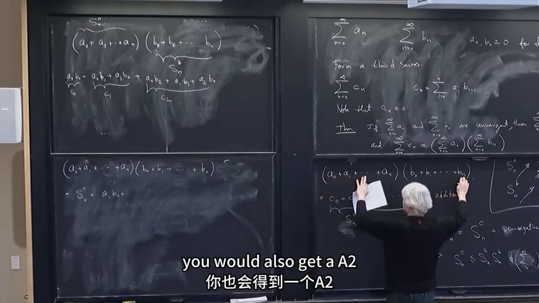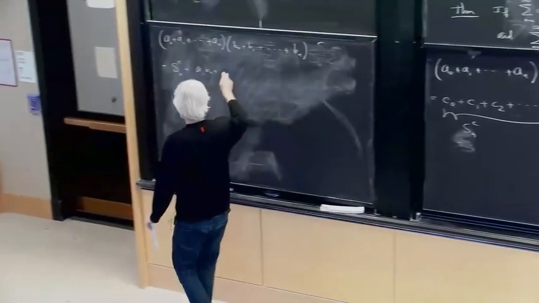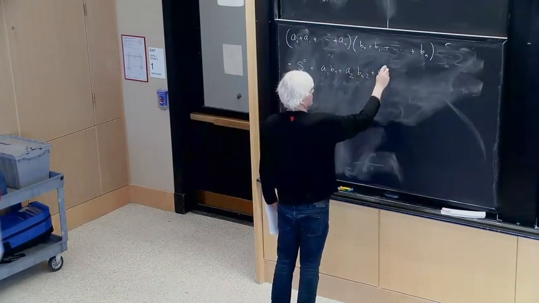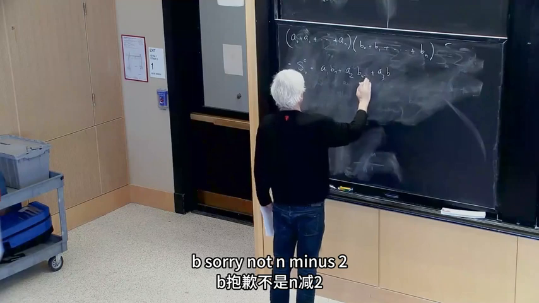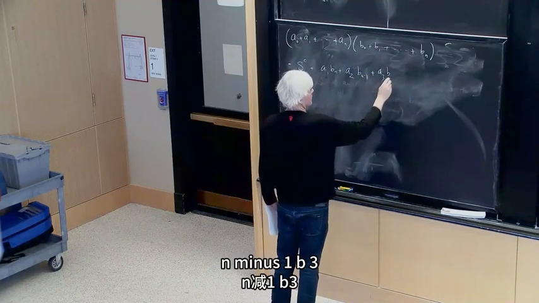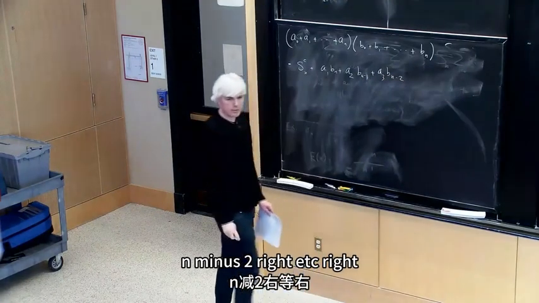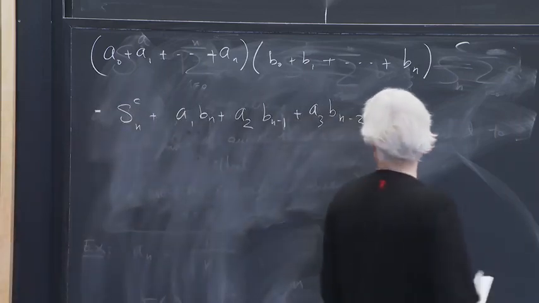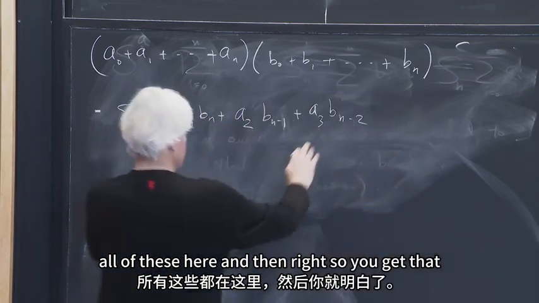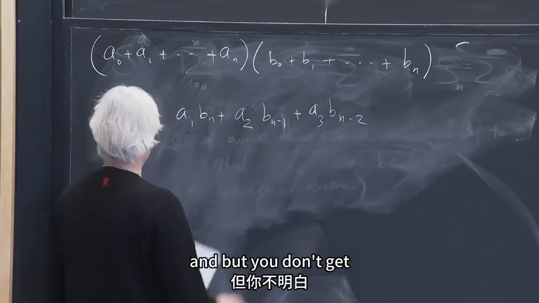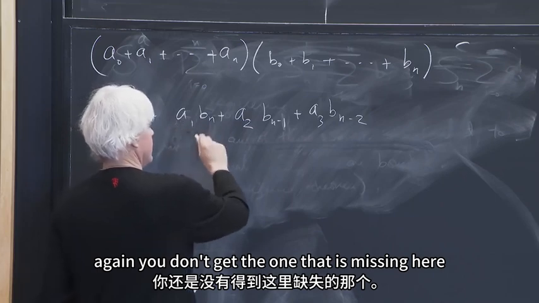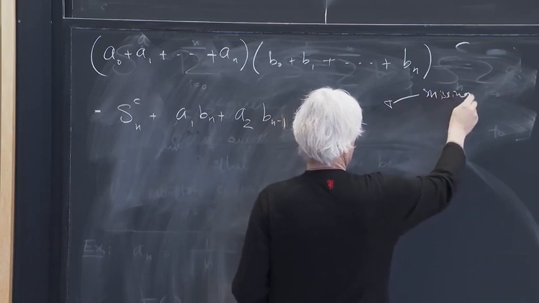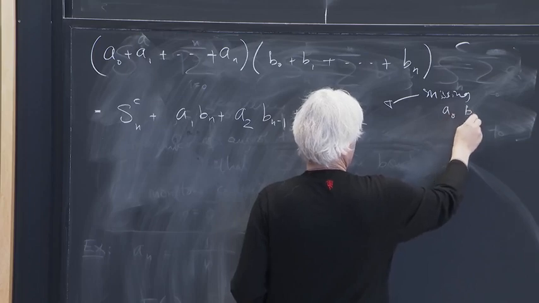You would also get an A2 Bn minus 1, an A3 Bn minus 2, etc. But you don't get the one that is missing here, A0 Bn plus 1.